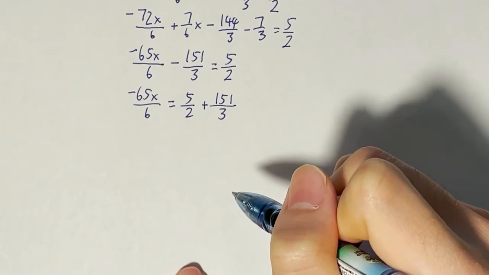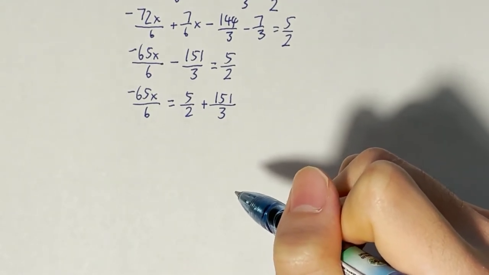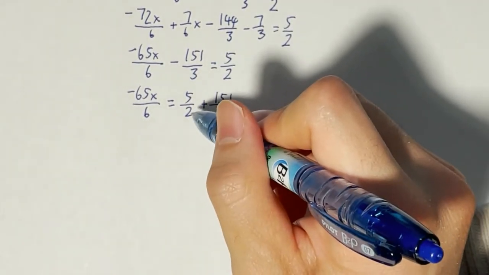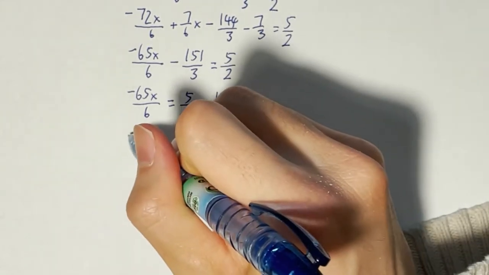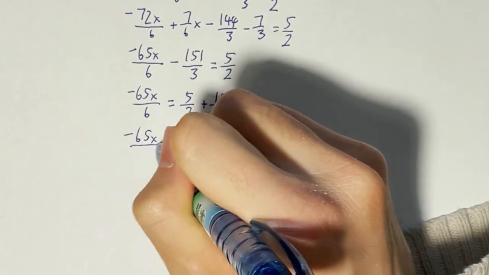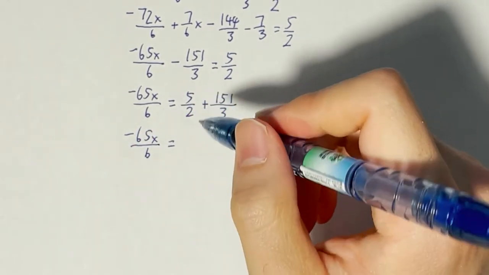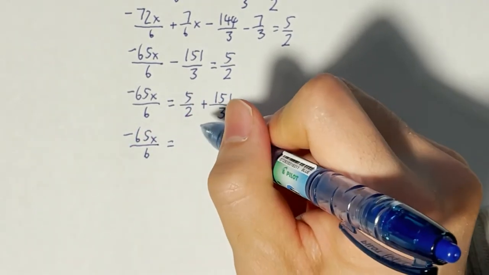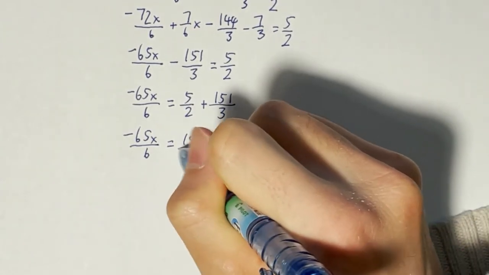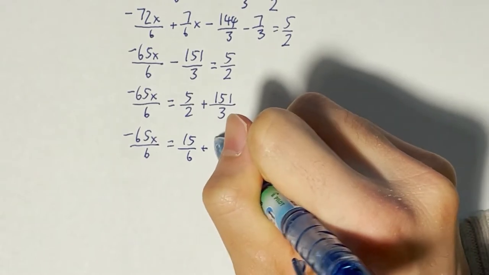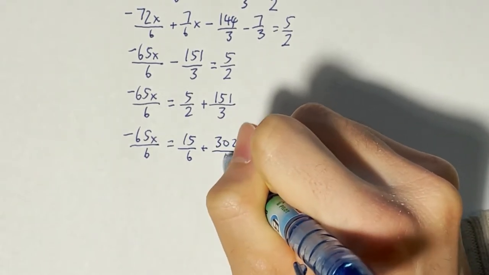So here we have a constant and another constant on the right-hand side, so we can combine them. So we can write minus 65x over 6 equals, and we'll bring these to a common denominator of 6 first. So we'll have 15 over 6 plus 302 over 6.